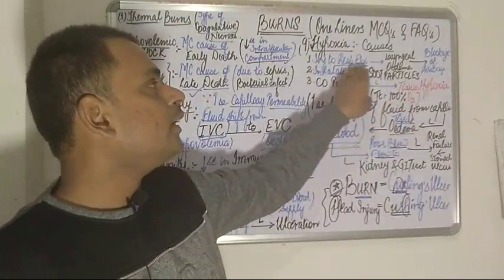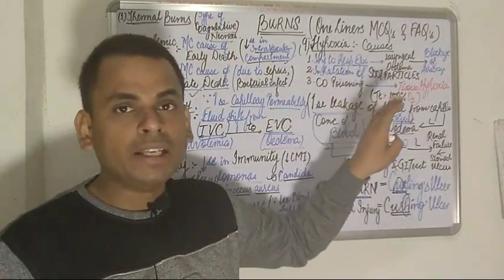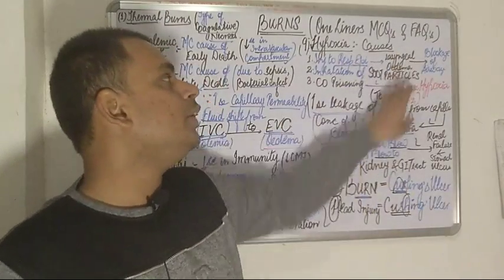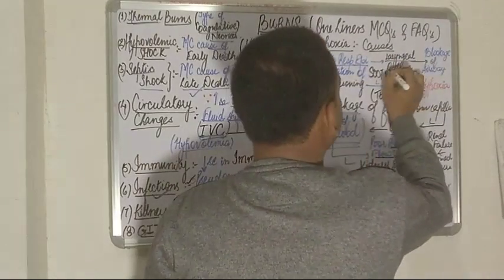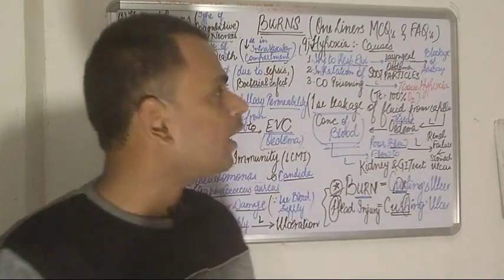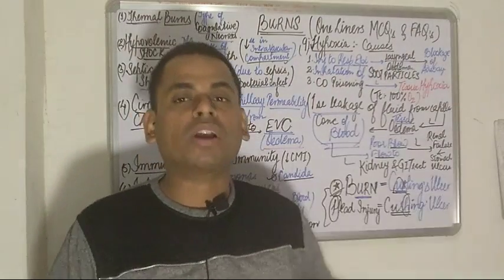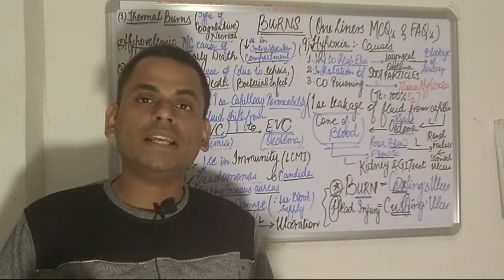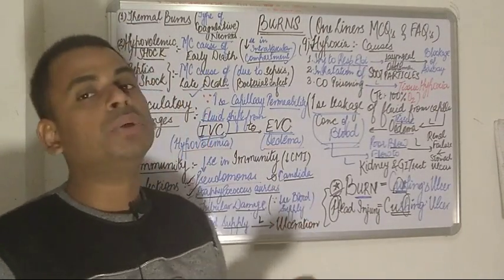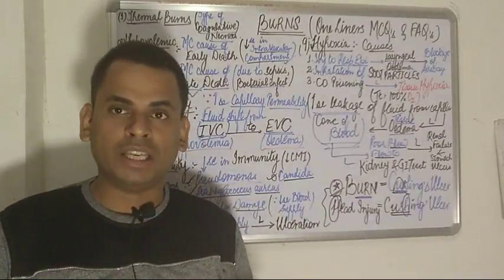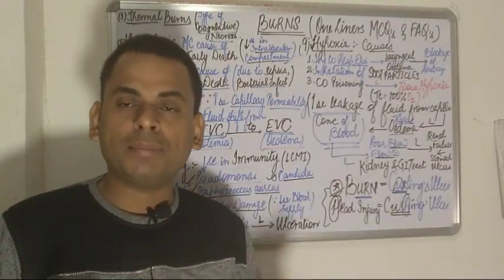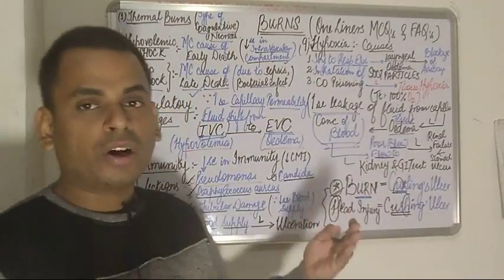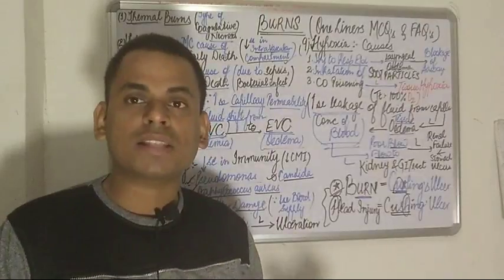This injury to the respiratory epithelium is going to lead to laryngeal edema, and that will lead to the blockage of the airway. Students, do remember, the hypoxia seen in the patients of burn is due to the injury to the respiratory epithelium due to inhalation of carbon monoxide, smoke, and other types of gases the victims are trapped in.